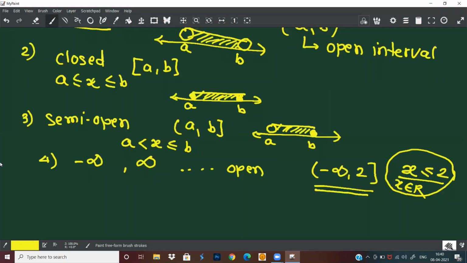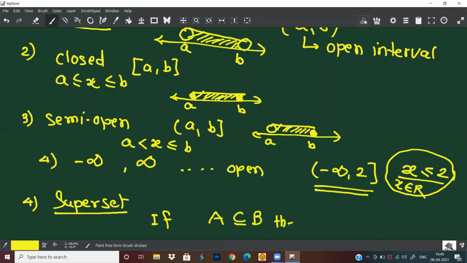Then somebody had asked me about superset. If A is a subset of B, then B is a superset of A. उल्टा लिखते हैं ऐसा सीखते हैं.